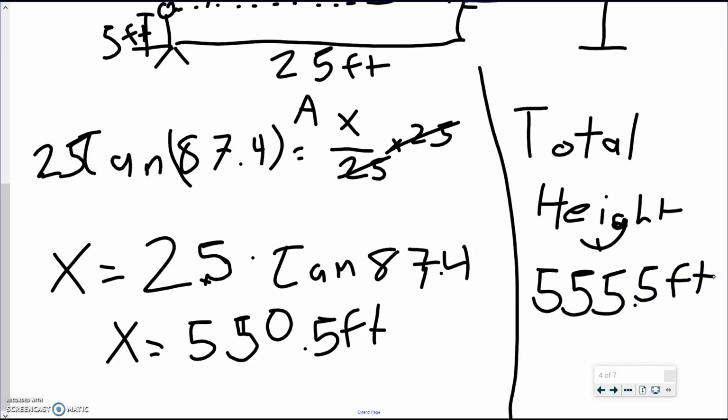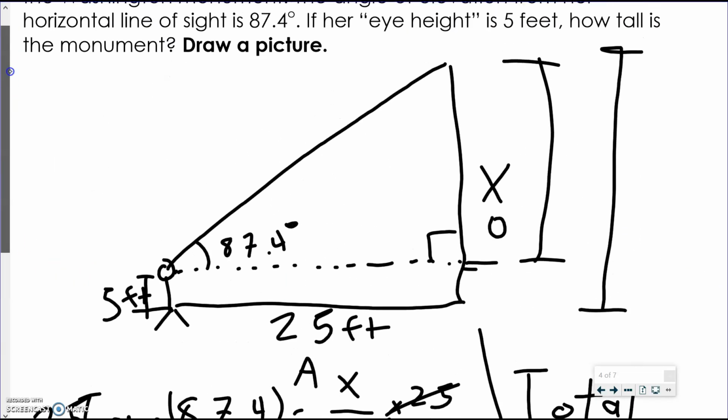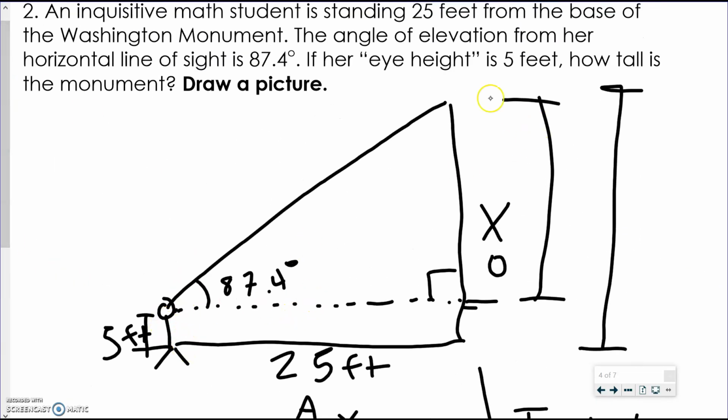All right. So again, looking back at this one, the key thing is that her eye height is 5 feet above the ground. And then when we do the triangle that is based on her eyesight, we have to know that her horizontal line of sight and her angle of elevation, 87.4 degrees, create a triangle that is still 5 feet above the ground.